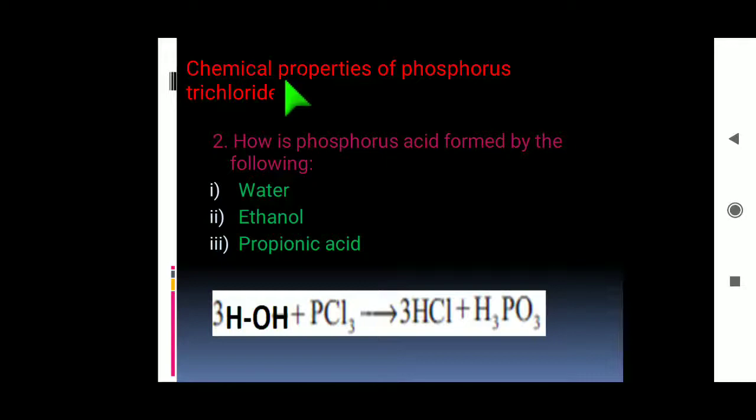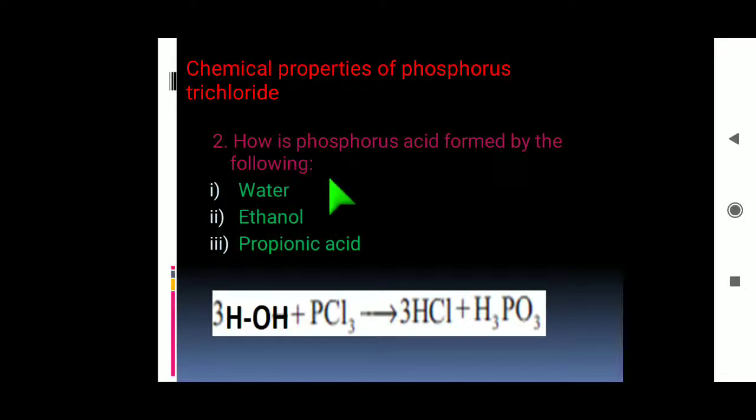Next, the chemical properties of phosphorus trichloride. How is phosphorous acid formed?